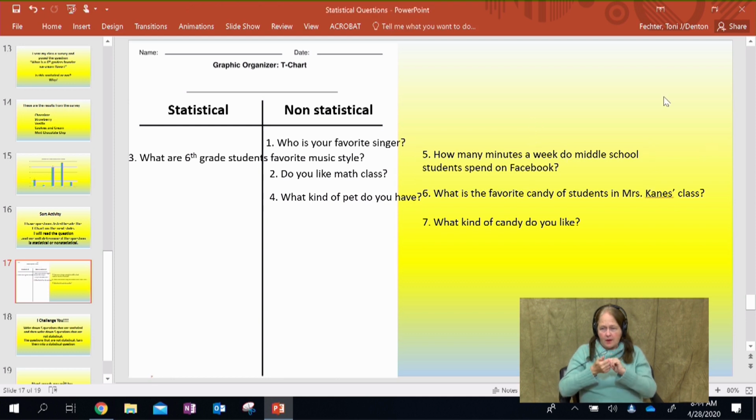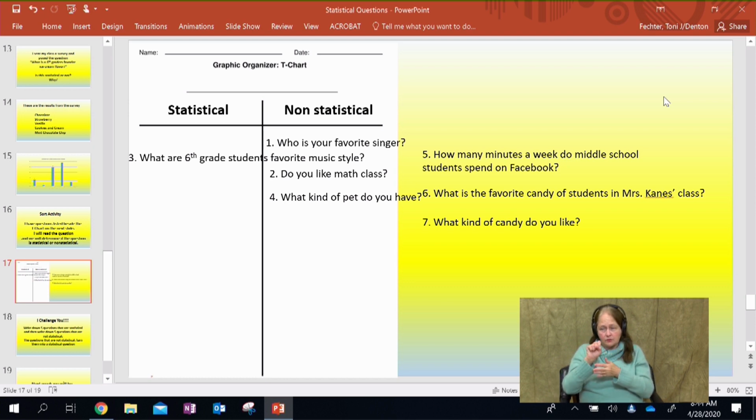How many minutes a week do middle school students spend on Facebook? I really don't even want to know that answer, especially during this time. But let's look at our audience. Do we have one person or do we have more people? Yes, we have more people because middle school students, that's a lot of people that you're surveying.